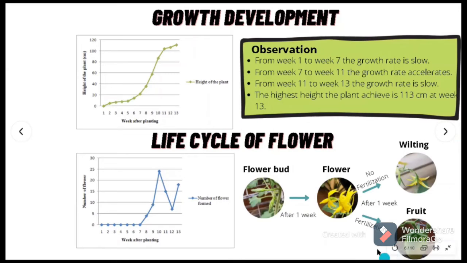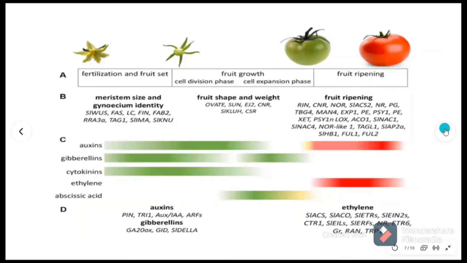For the flower, either it will not be fertilized or it will be fertilized into fruit. These are the genes that are present, while some of them only work at various stages.